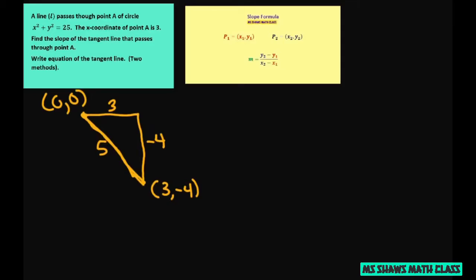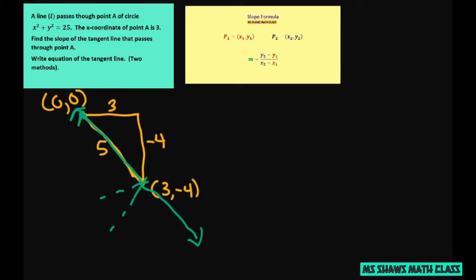Now, what I'm going to do is find the slope of this line first, because they're asking for the tangent line. We could draw any line through here. We could draw it this way, but they want the tangent line.